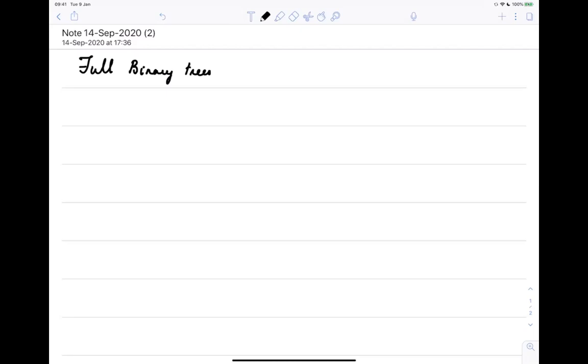There are other properties that we can have. L is equal to (n plus 1) over 2, where L is leaves and n is the total number of nodes in the tree.